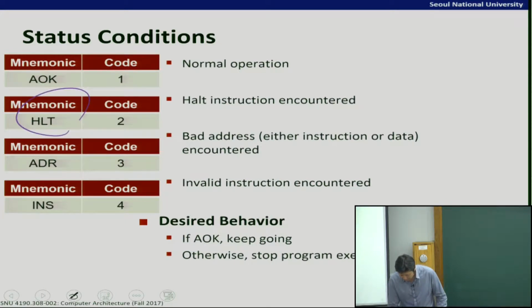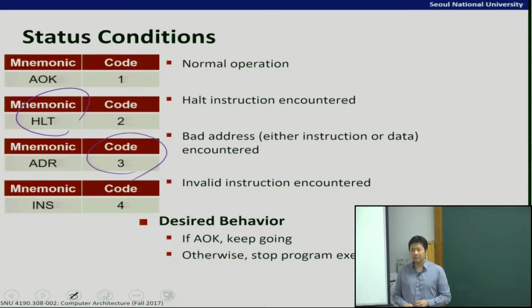And the third one is if the code is 3, then we actually hit upon a bad address, either for instruction or data, because for instruction, maybe you can jump to some undefined memory region, right?